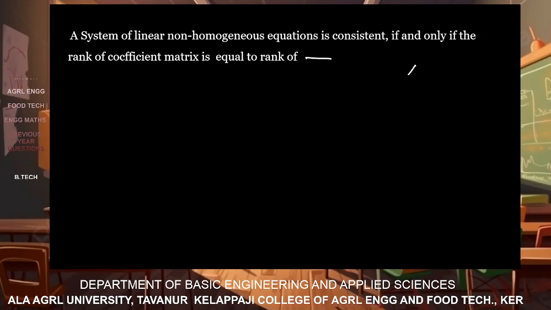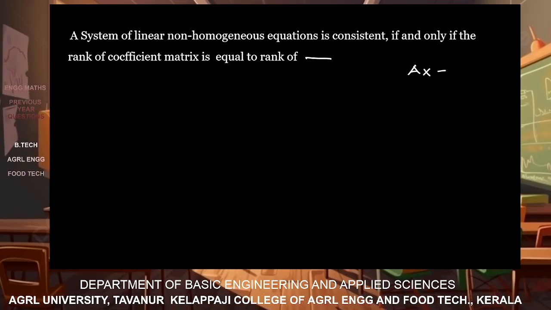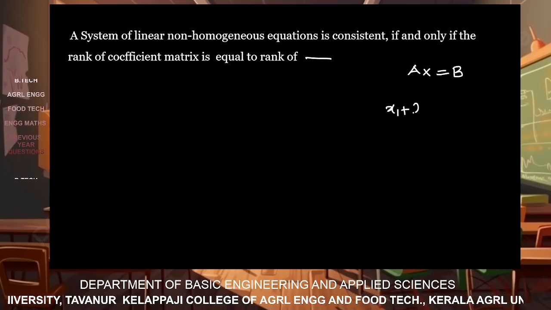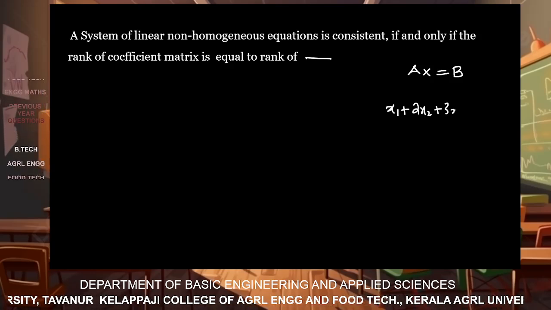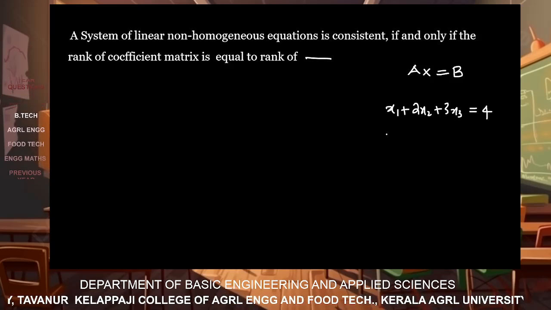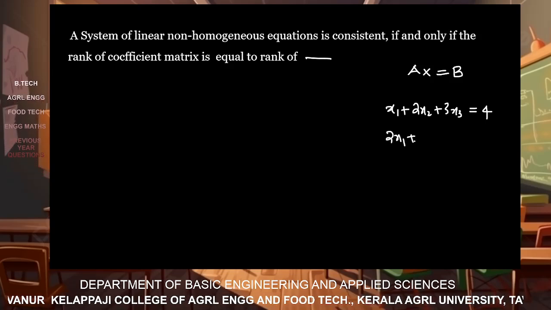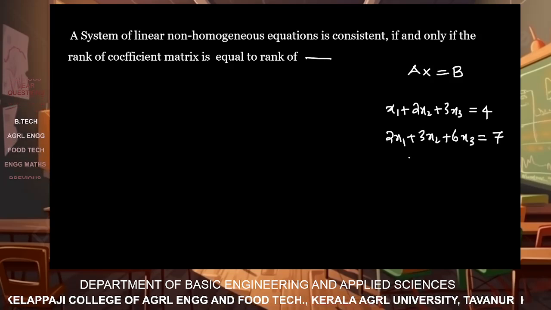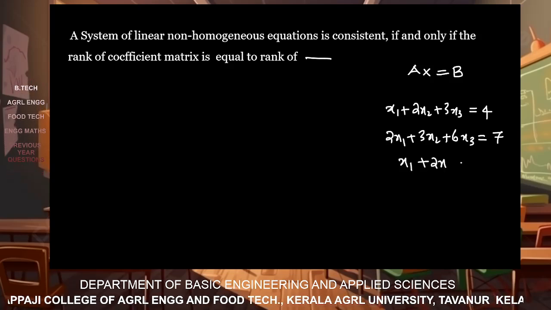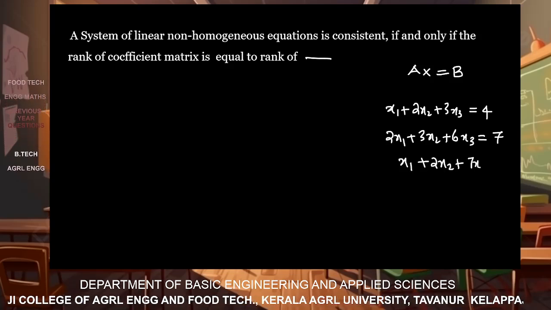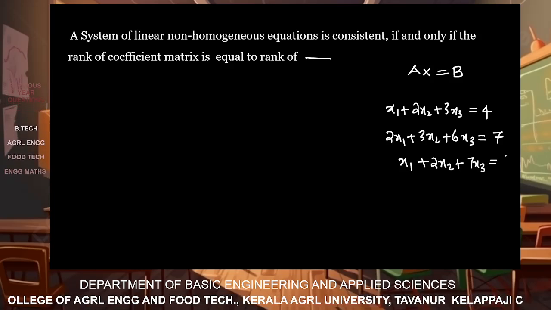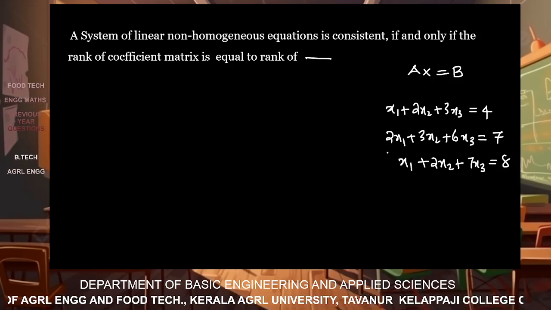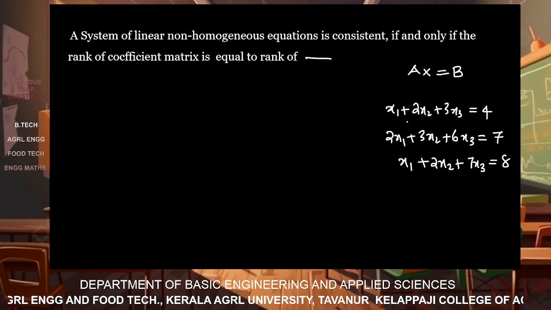Normally, this is denoted by Ax equal to B. For example, x1 plus 2x2 plus 3x3 equal to 4, 2x1 plus 3x2 plus 6x3 equal to 7, x1 plus 2x2 plus 7x3 equal to 8. This is an example of a system of non-homogeneous linear equations in three variables x1, x2 and x3.